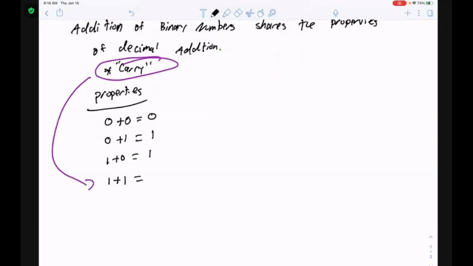There's a carry aspect in here. The answer is 10. 1, 0.